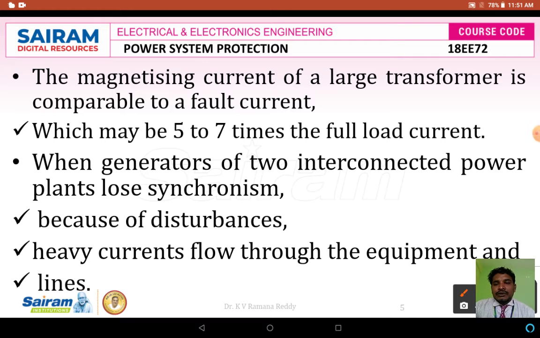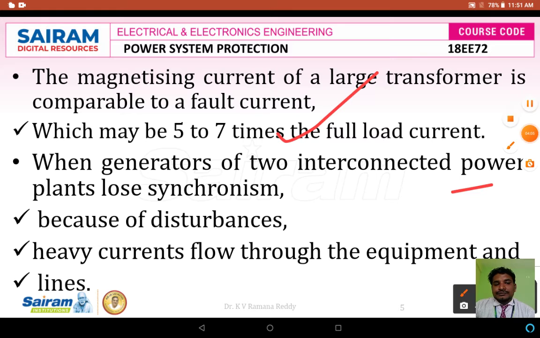It may be 5 to 7 times its full load current. Generators of two interconnected power plants may lose synchronism because of such transient currents or power surges, because a heavy current will flow through the equipment and the line, which may cause damage.